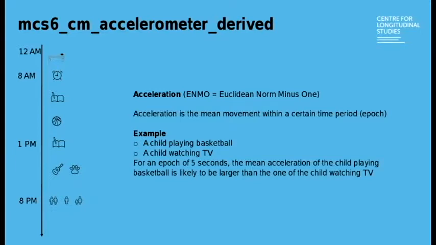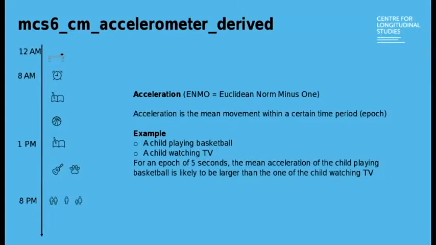And acceleration is the mean movement that has taken place within a certain period of time. So it's important to understand that the acceleration varies throughout the day because of the strength of it or how frequent it is. And based on that, the variables that are in this data set are based on that.